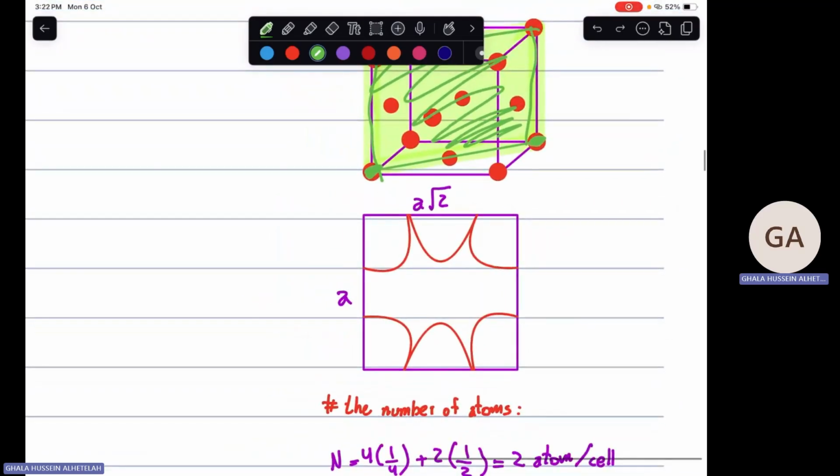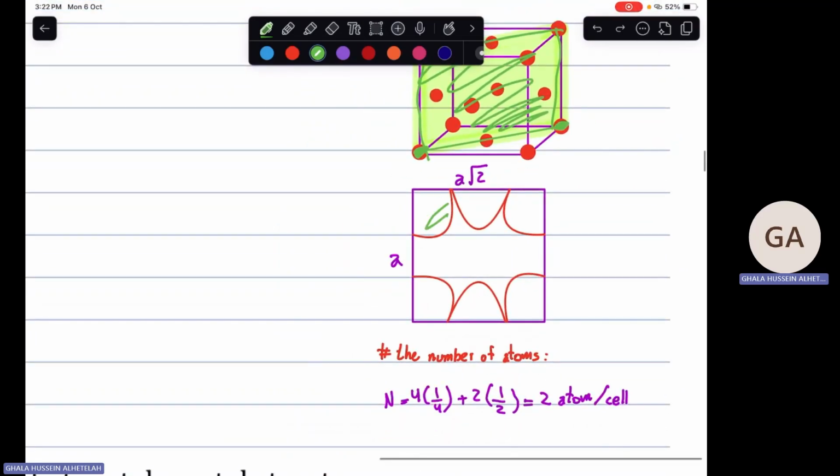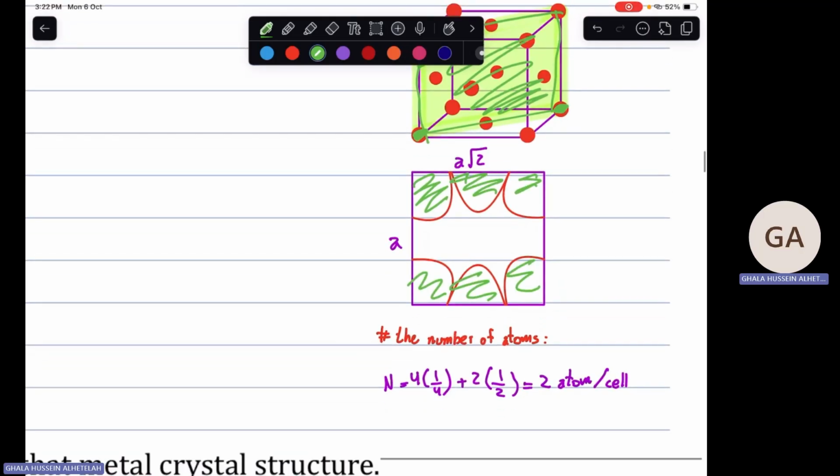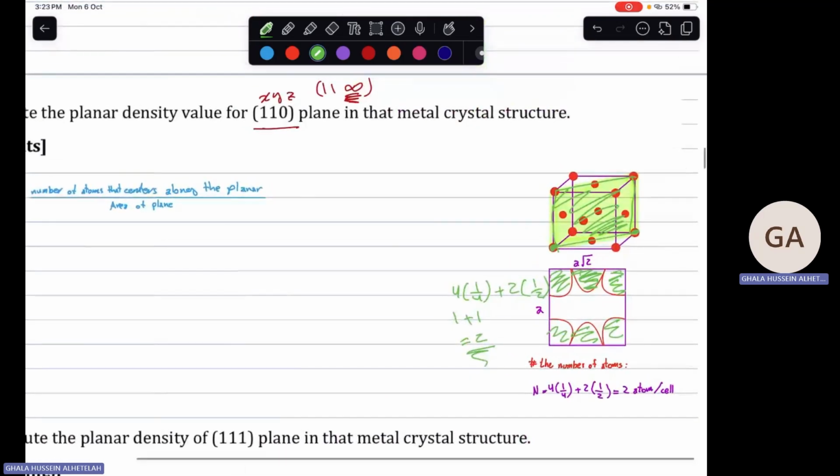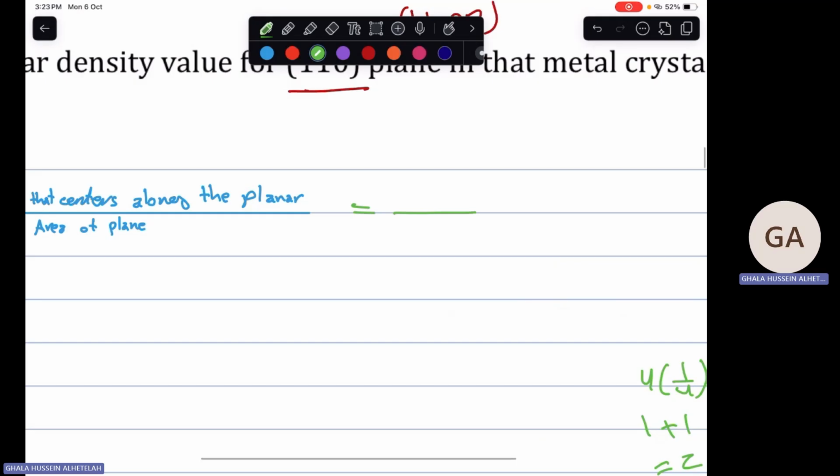Okay, we have here a half atom, quarter, quarter, quarter. So we have here 4 multiplying by quarter plus 2 multiplying by half. So it is 1 plus 1, which is 2 atoms per unit cell. Okay. We know the number of the atoms.